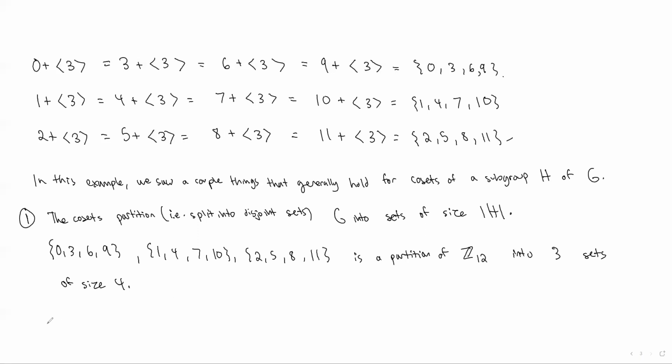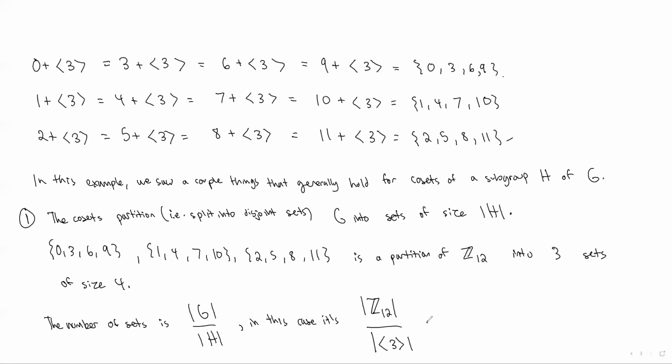And the number of sets is always the size of G over the size of H. So in this case, it's the number of elements of Z12 over the number of elements in the subgroup generated by 3. So it's 12 over 4, which is 3.